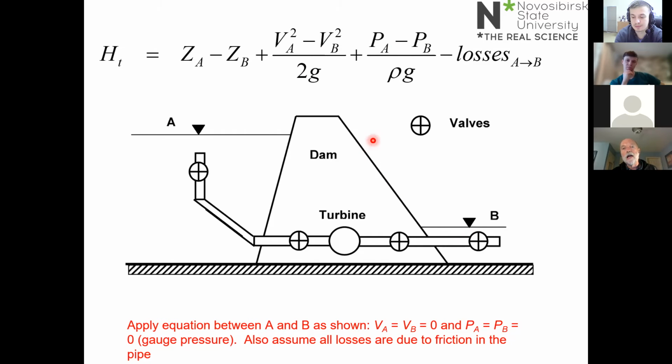So the air pressure difference between A and B is normally zero or negligible. Okay. So of the terms in the head equation at the top, the two middle ones drop out in most cases, or they're so small that we neglect them.